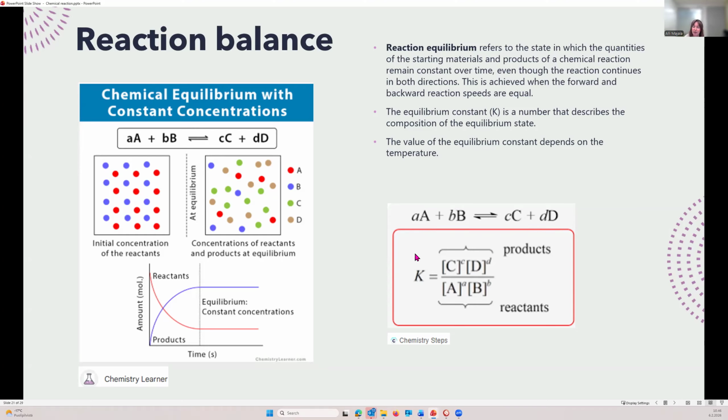And then you can do the K. In the K, you have the multipliers as the powers. As a numerator, you have the concentrations of the products. And as a denominator, you have the concentrations of the reactants. This might seem a bit complicated, but it's not that complicated.